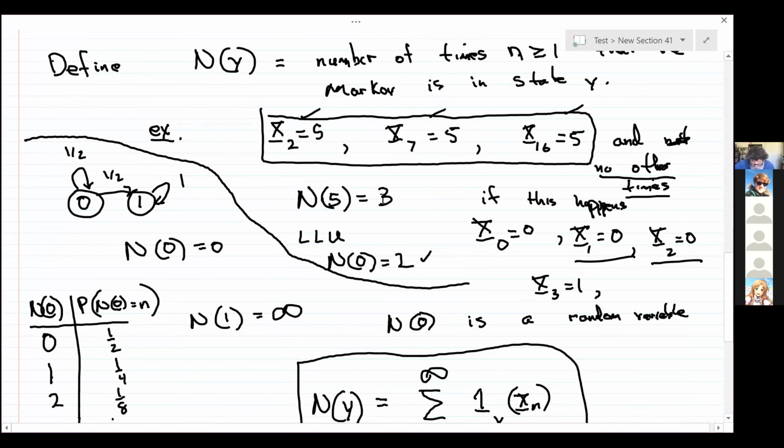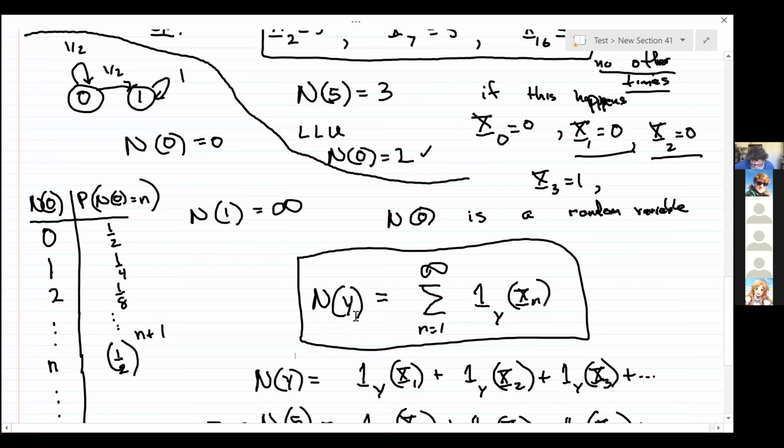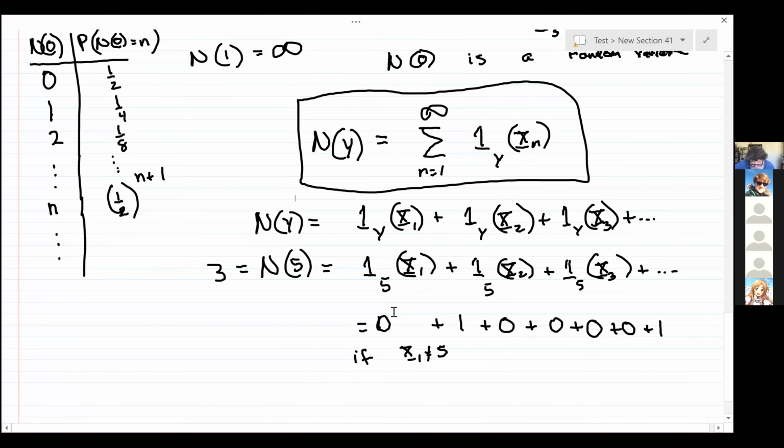But what we're saying is the total number of times you're at the state Y can be represented as the sum of indicator functions over as time moves forward. So it's a summation over time. And all this is a bunch of things that look like either zeros or ones. And when it's 1, that's the kind of thing you're counting on the left side. When it's 0, then you're not counting.